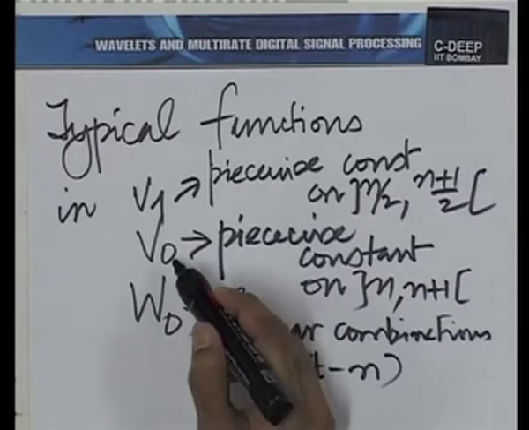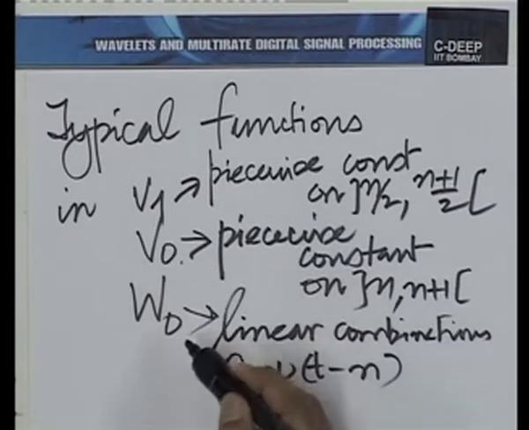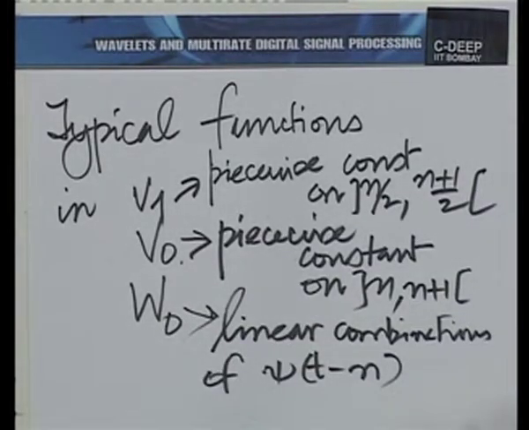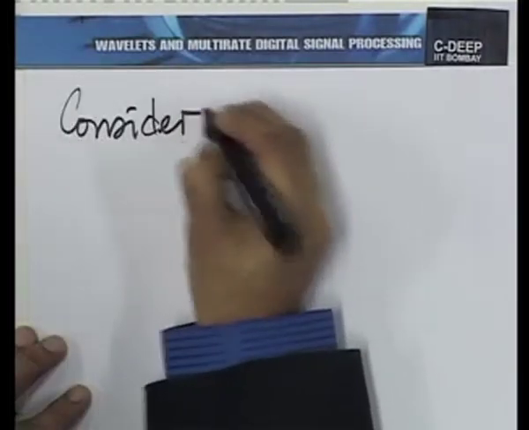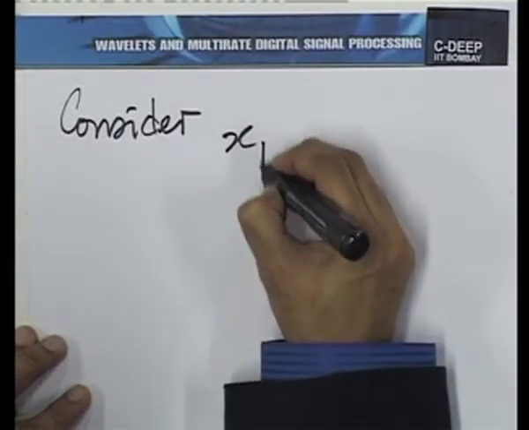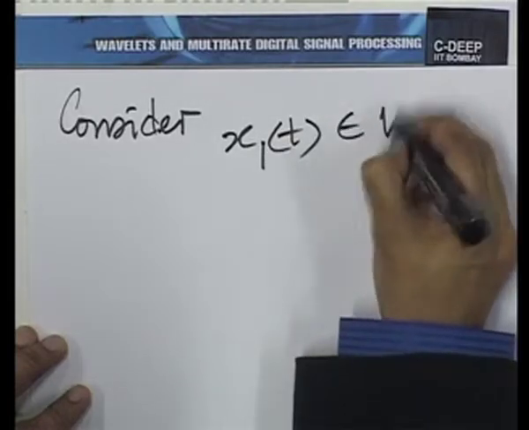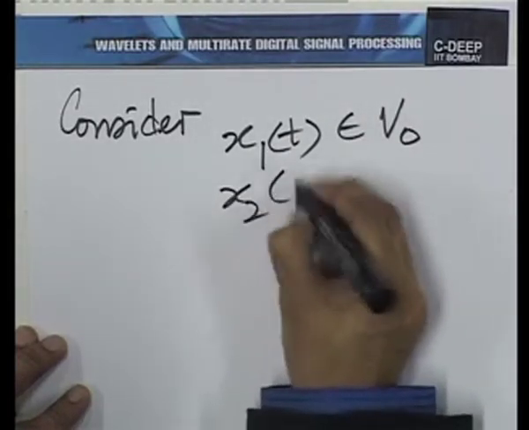Suppose we take a given function in V0 and a given function in W0. Now, what would the dot product be? So, what I am saying is, suppose we consider say x1 t belonging to V0 and x2 t belonging to W0.